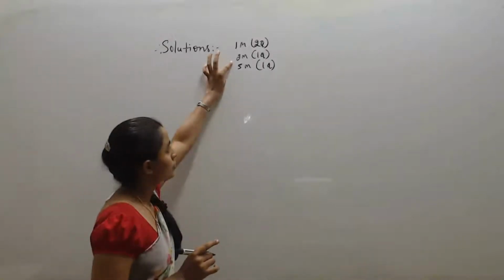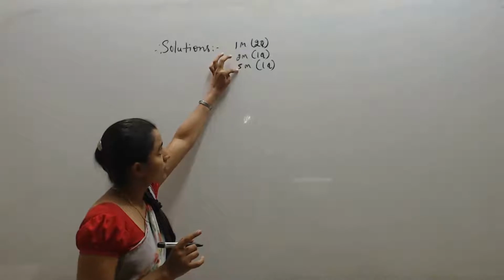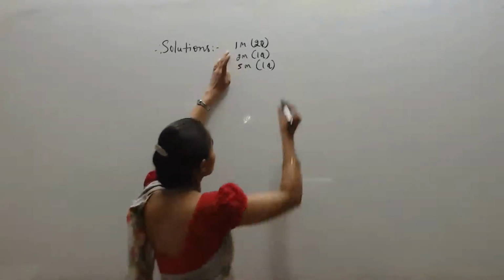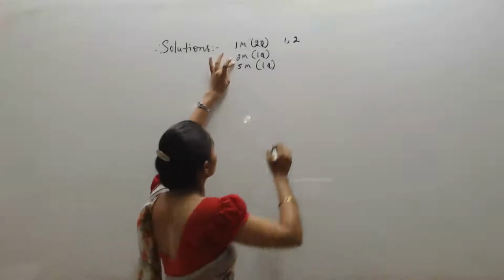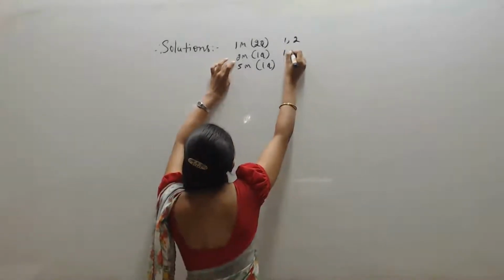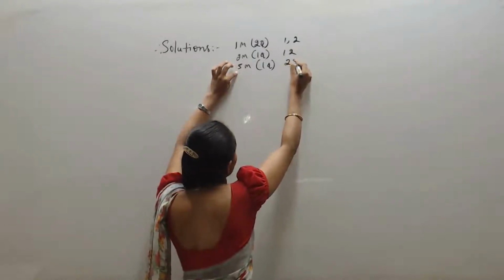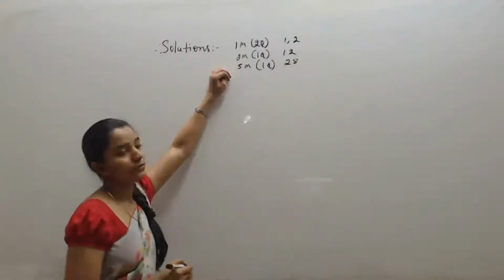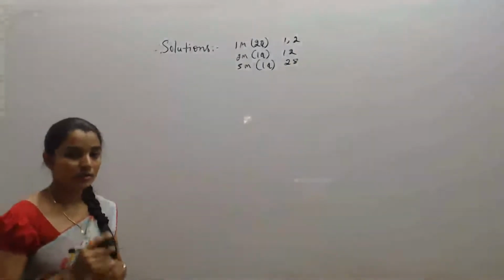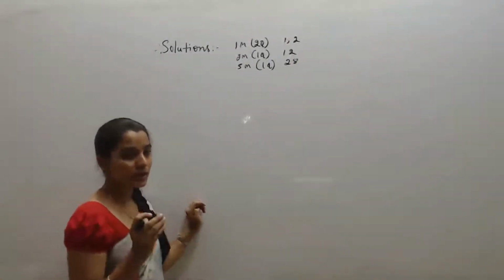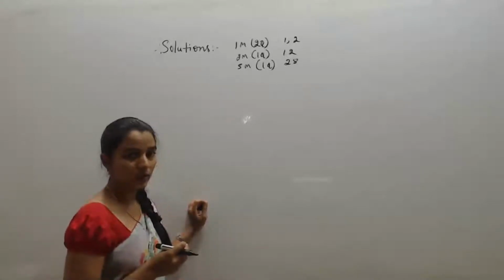These are question numbers 1 and 2, question number 12, and question number 28. So this chapter carries 9 marks, and a 1 mark question is there. That means it is a very important chapter, because if you lose 1 mark, you won't get out of it.